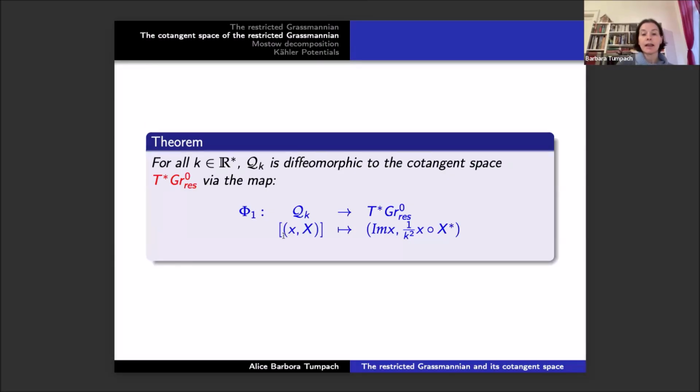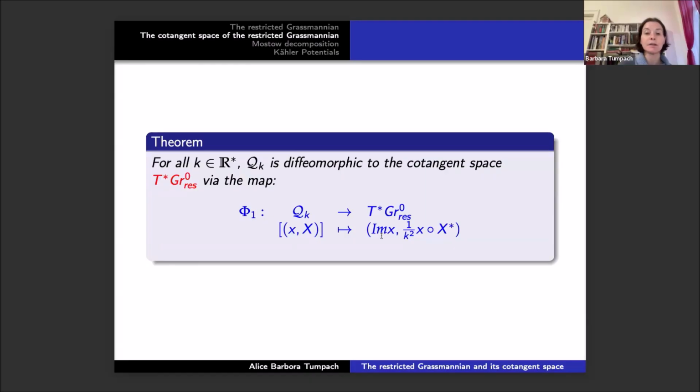So at a class of small x and big X, small x is in MK and big X is a tangent element at X. We associate the following element in the cotangent space of the restricted Grassmannian.